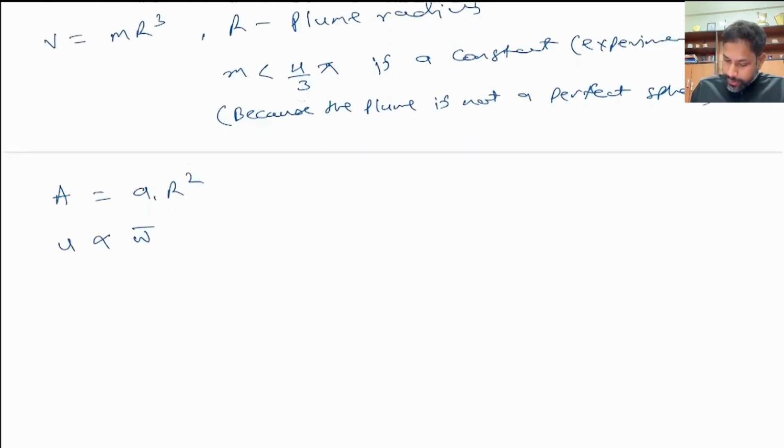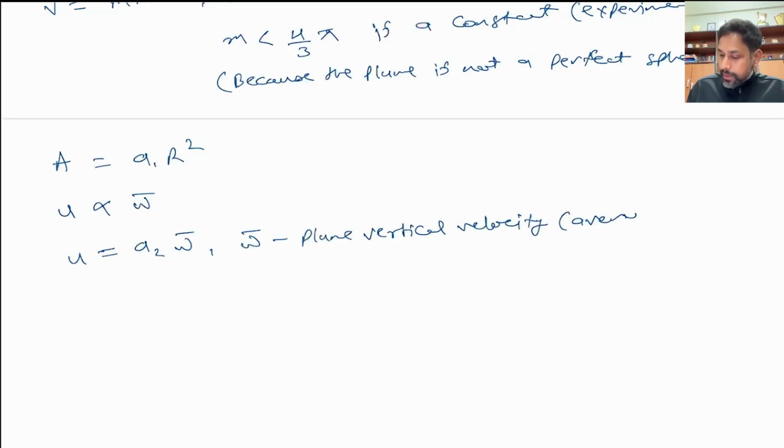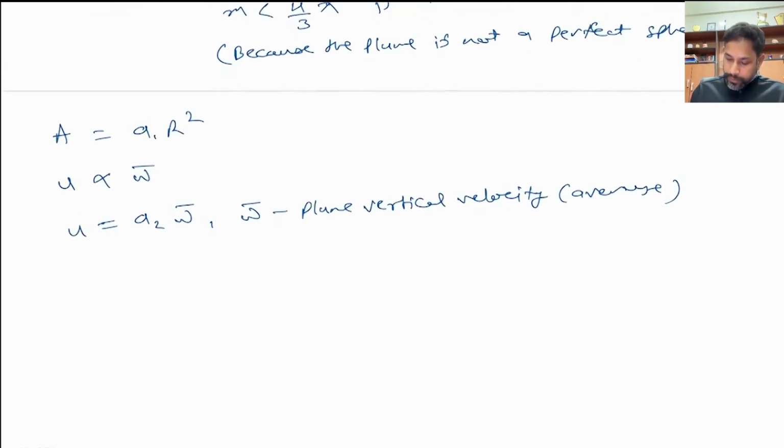And this one we will write as A2 W bar. Okay, where W bar is the plume vertical velocity, which is basically an average value. All right, so again A1 and A2 are constants which we will try to find experimentally.